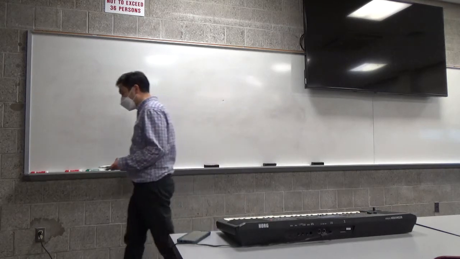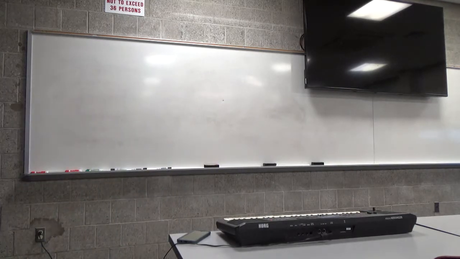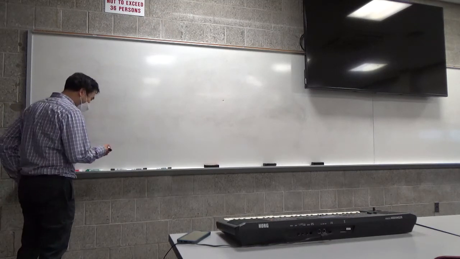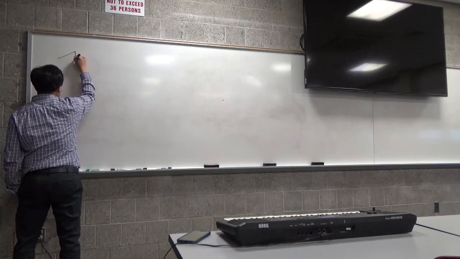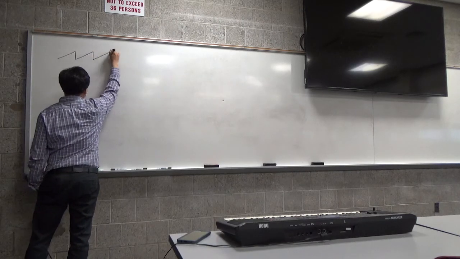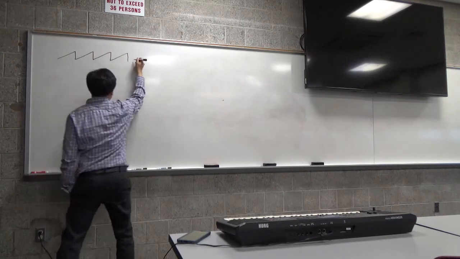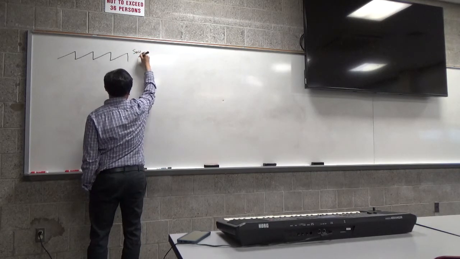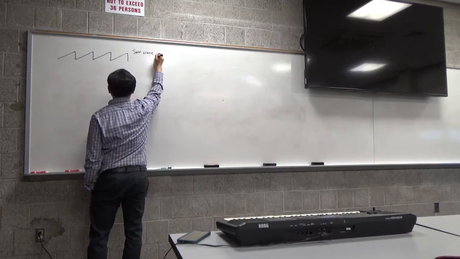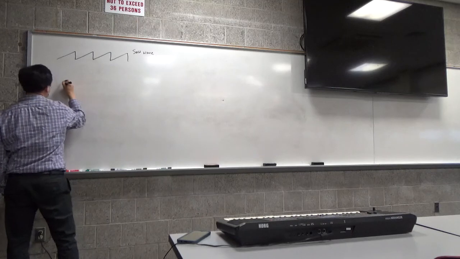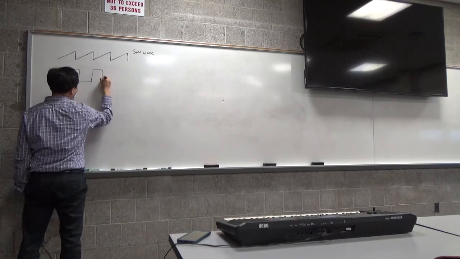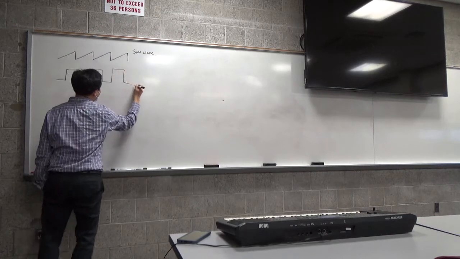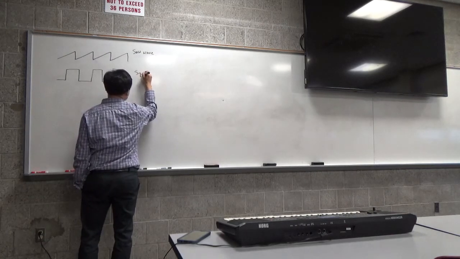But analog circuits can't do anything fancy, so when you build these analog synthesizers, they would have waveforms that look like this. So there's something called a saw wave. And then sometimes you might have one like this, that's a square wave.